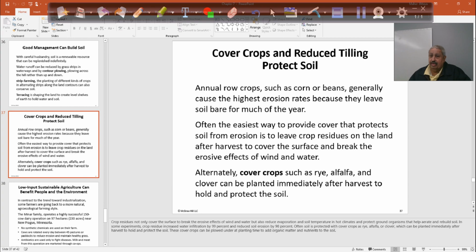Cover crops and reduced tilling protect soil. That's what I just mentioned a couple of minutes ago. So this is to cover and protect the soil from erosion. And as I said, there are many ways they do it.